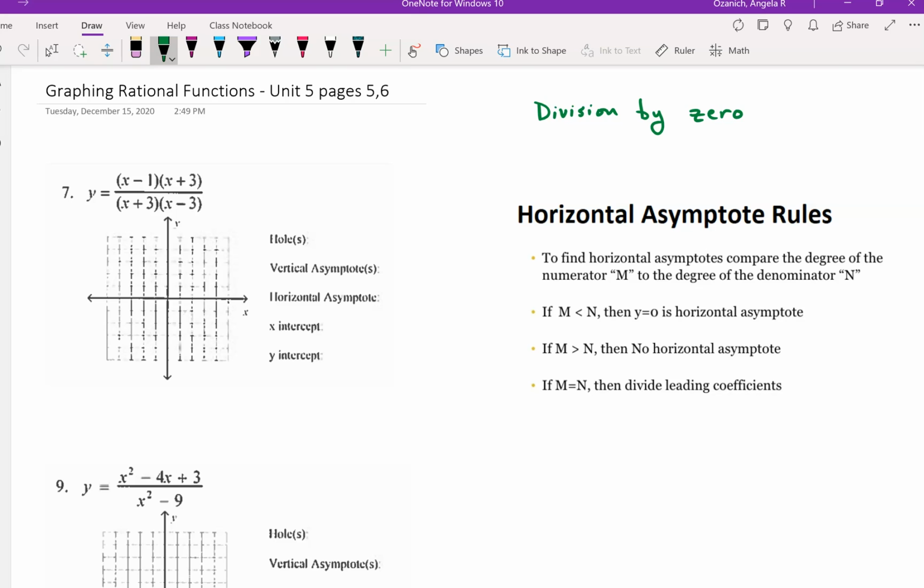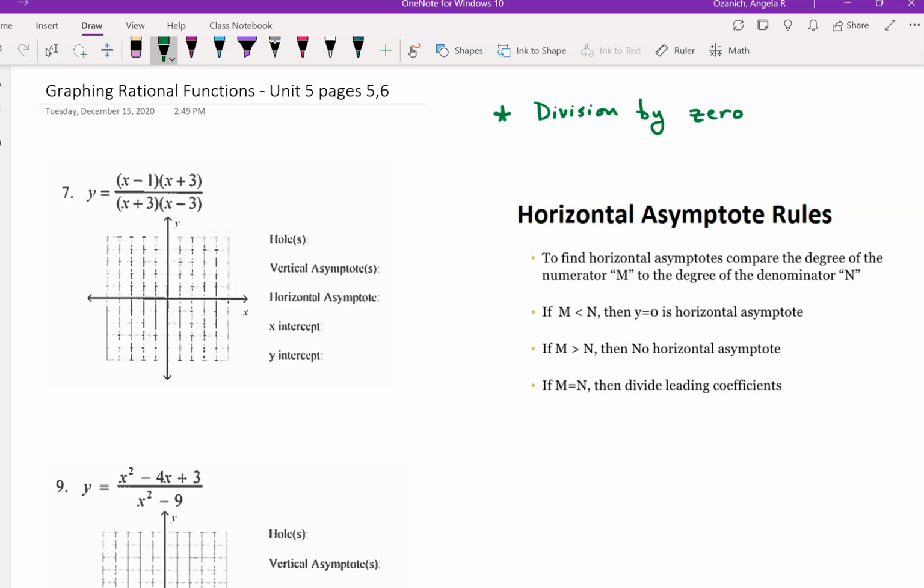Okay? So we're going to do a couple questions here, and we're going to look at all the different pieces that I'd like you to be able to find when you are graphing these rational functions.